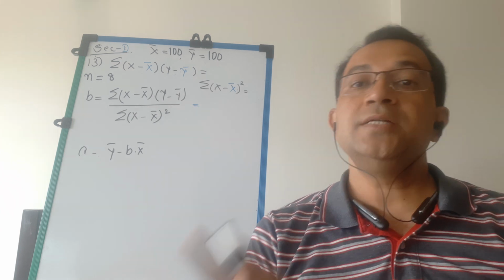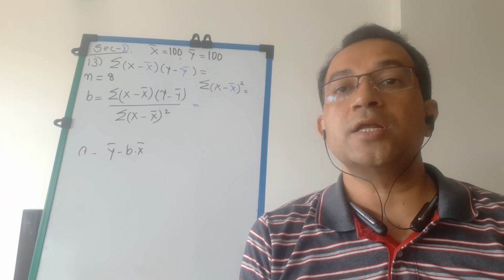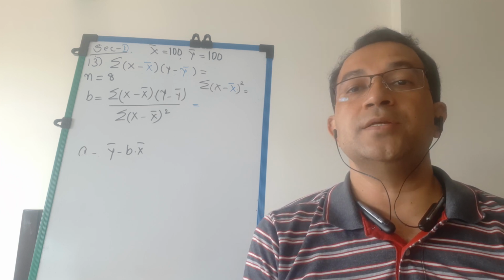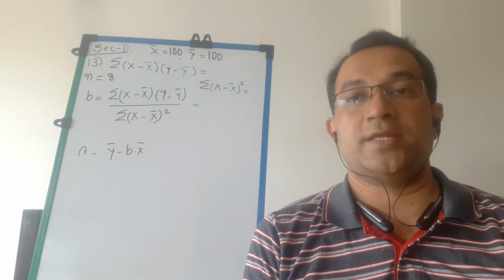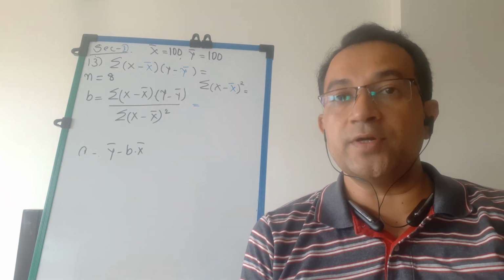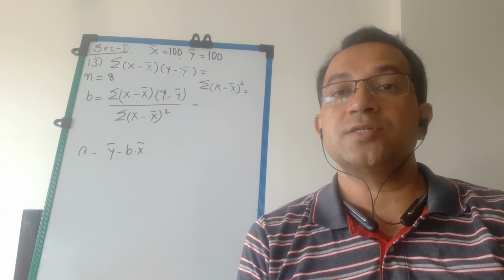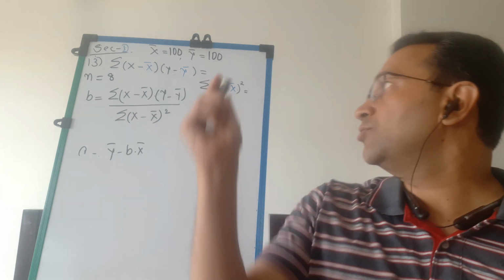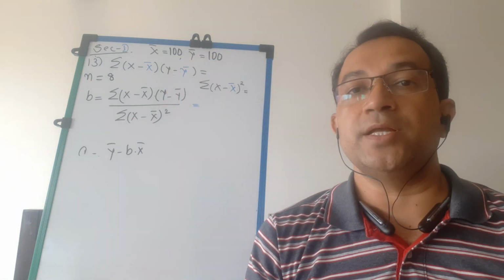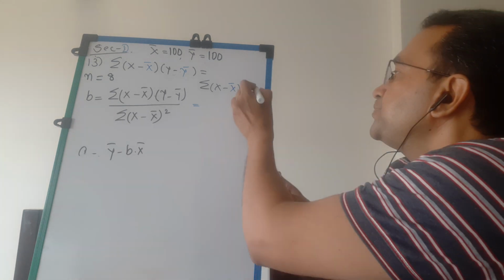Square and sum means sigma. But students, here we do not require sigma (y minus y bar) whole square. So I am only summarizing for x, sum of squares of deviations taken from mean, denoted by sigma (x minus x bar) whole square, and that is given as 130.